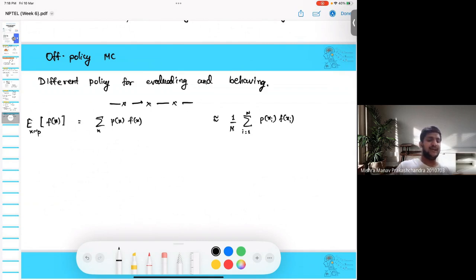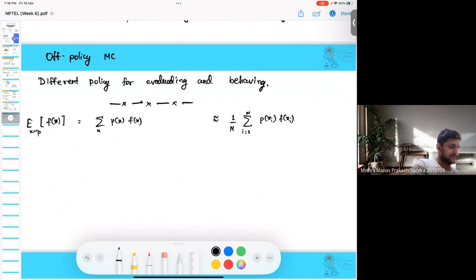Using that, you would like to update f of x, where my f of x is coming from some different probability distribution, but the update that I want to make is on the basis of another probability distribution. Okay, so I'm trying to basically get to the idea of off policy MC.